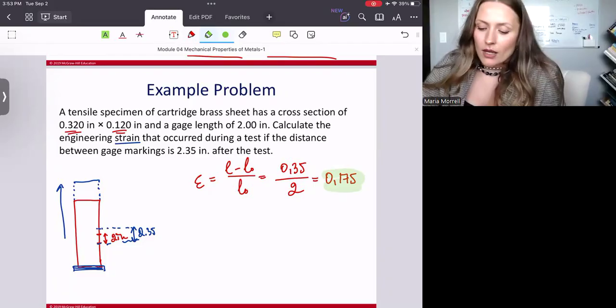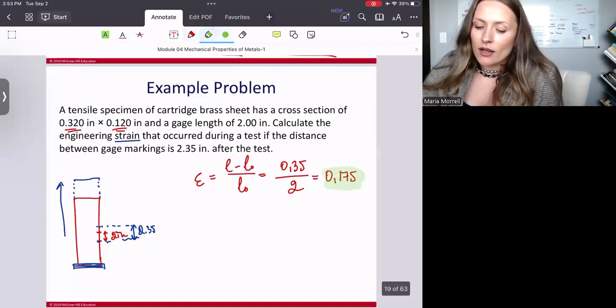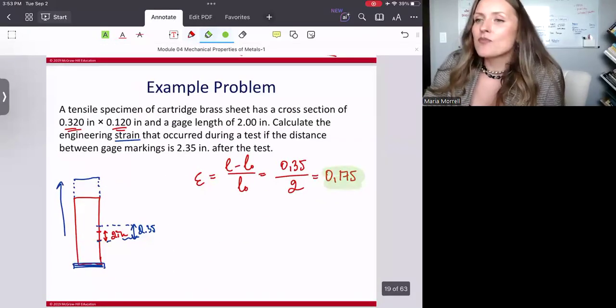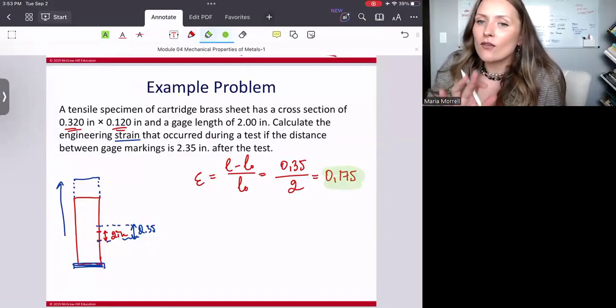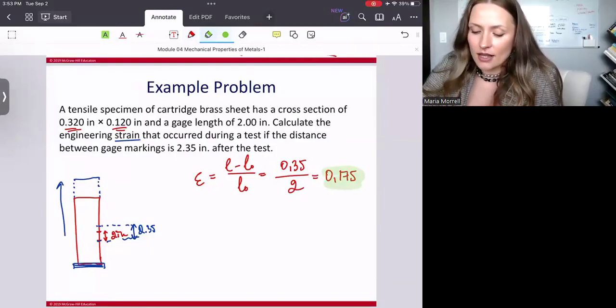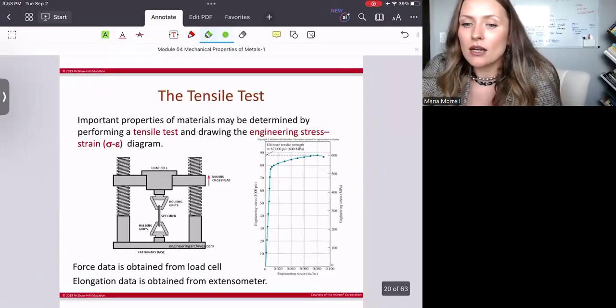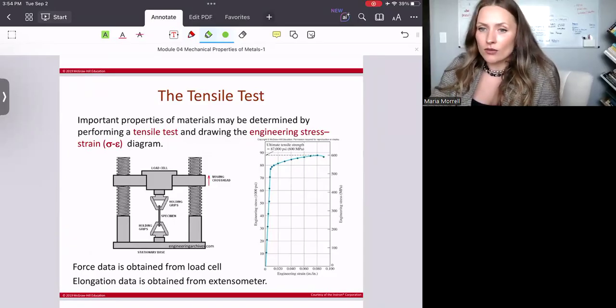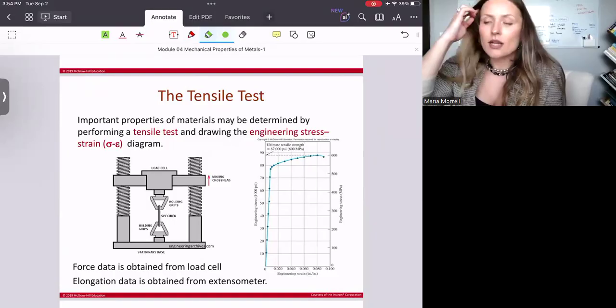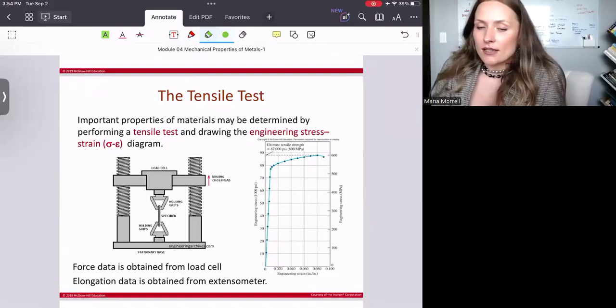Now, what I was describing does remind me of a tensile test, and this is something that, as an engineer, you want to know very, very well. So, what is a tensile test?